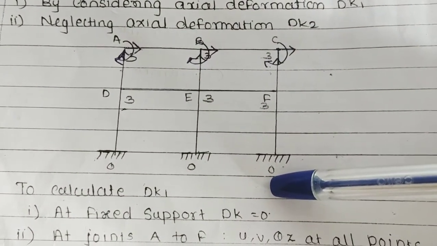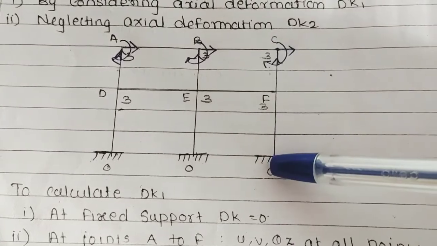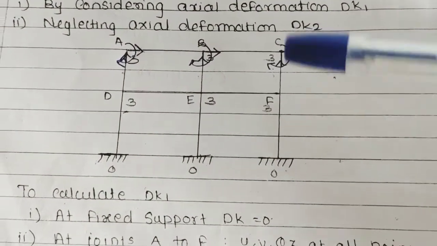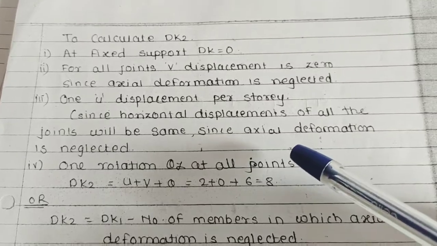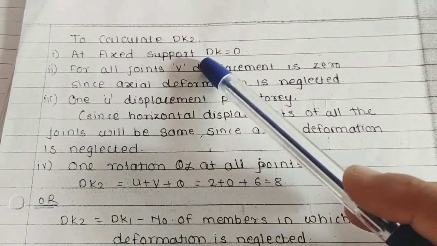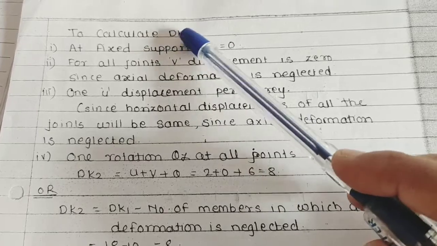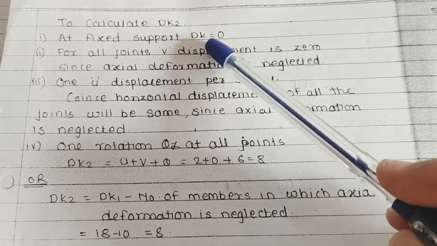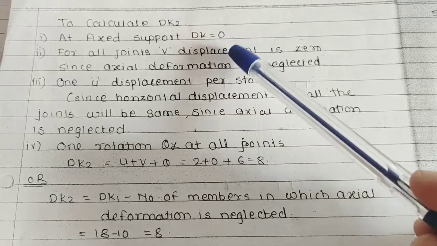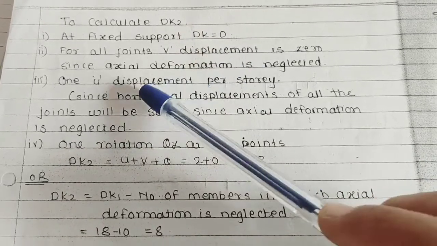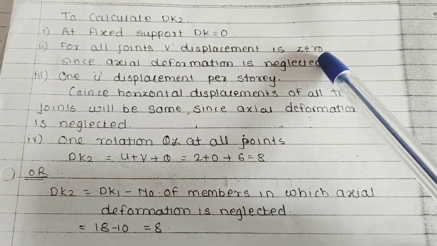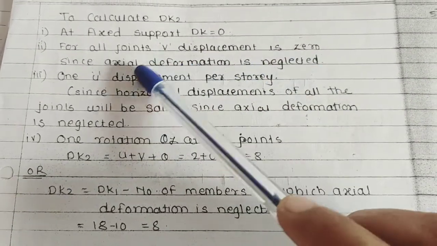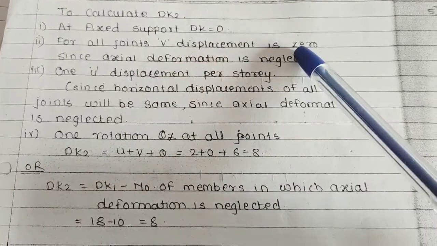Means you have to neglect only the vertical axial deformation for calculating the degree of indeterminacy. Hence for calculating dk2, at the fixed support again the kinematic indeterminacy is equal to 0. For all joints the v displacement is 0, means the vertical displacement is 0, that is the axial deformation we are neglecting here.